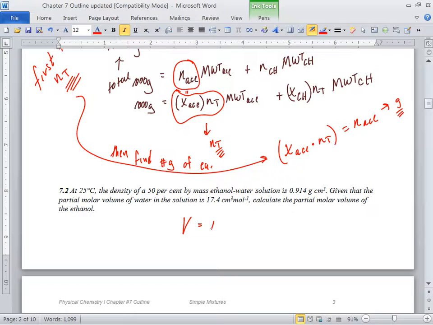The total volume, number of moles of ethanol, partial molar volume of ethanol, water, partial molar volume of water. And they told us this one. They told us the water. That one we know.